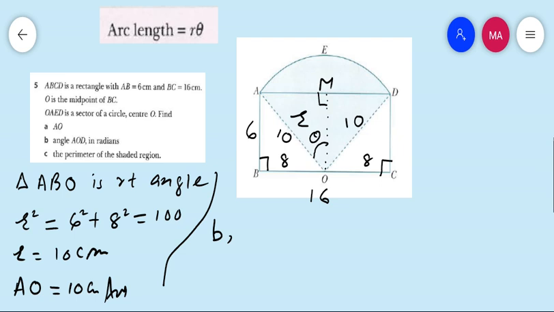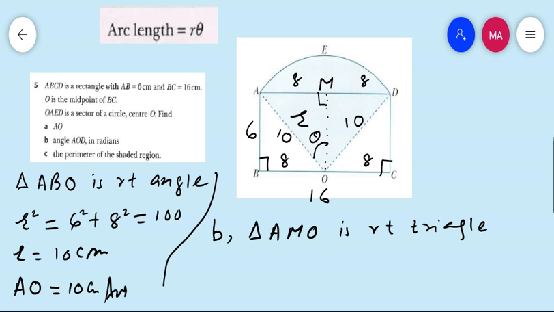So we can say triangle AMO is also a right triangle, because opposite sides of a rectangle are equal. So BC is 16, then AD is also 16, and this is 8, this is 8.